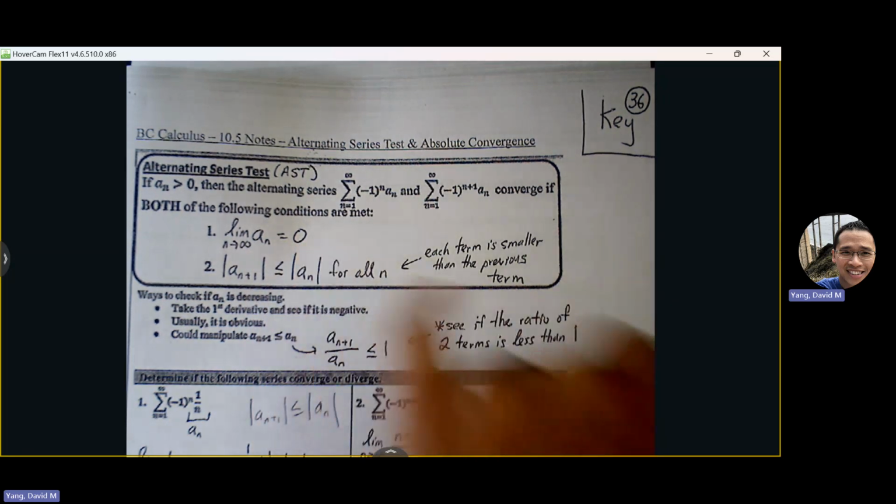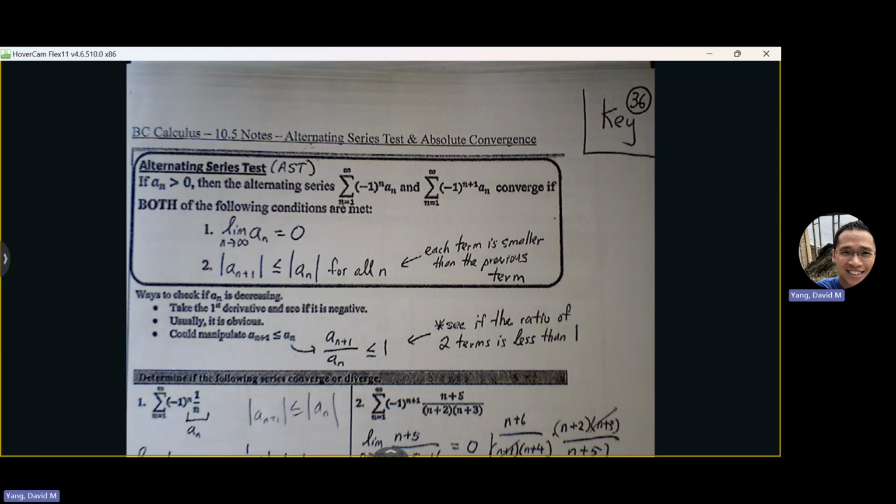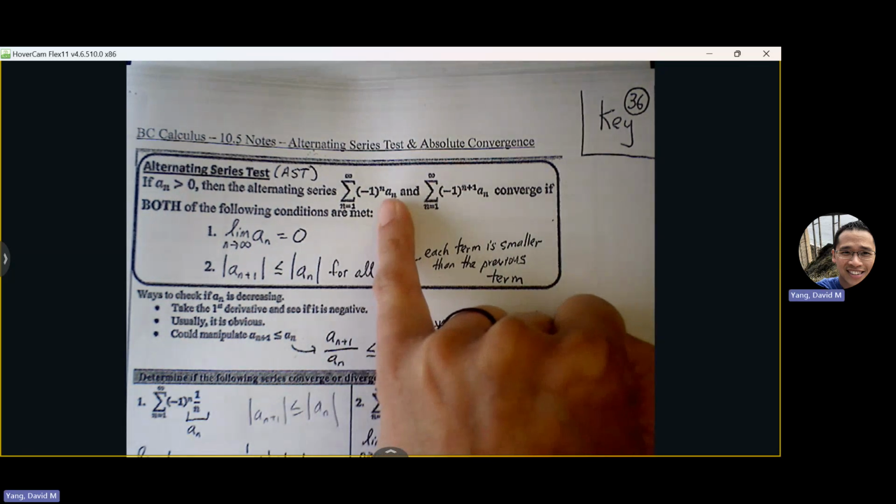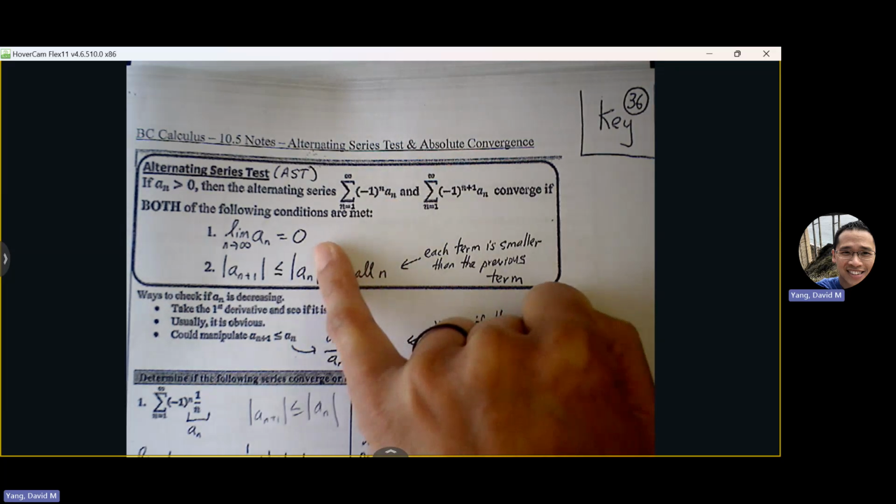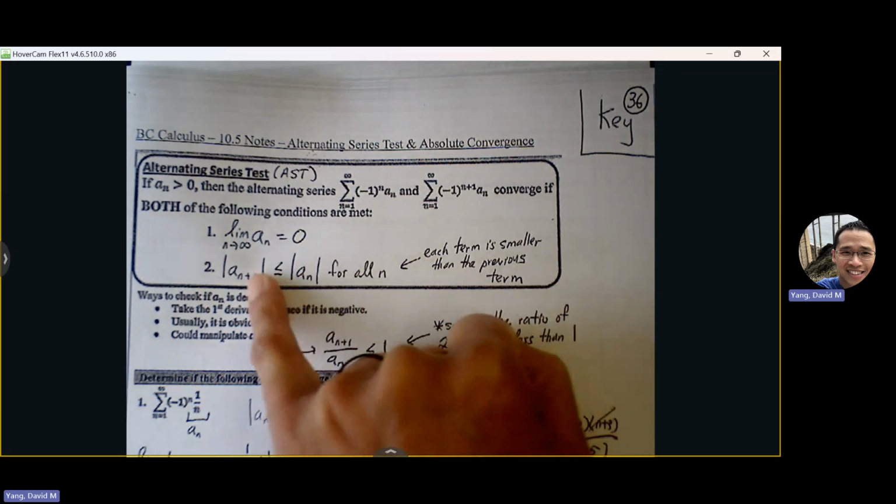It's a good condition for us to test further if there's a possibility that it may converge, but it's no guarantee that it will converge. But the fact that we're subtracting every other term, this would be enough for our series to converge.